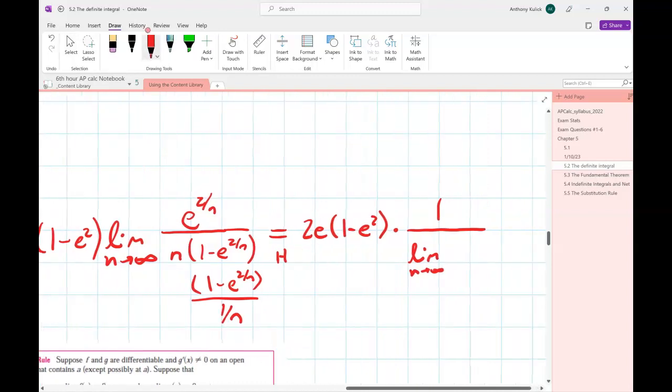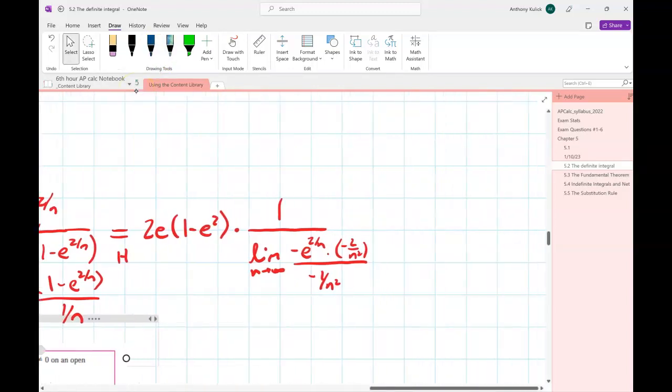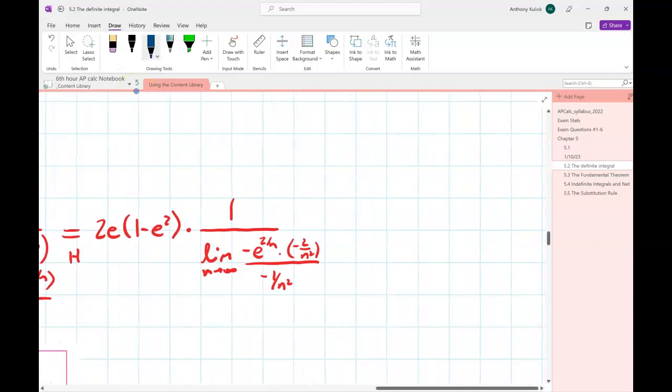So the derivative of 1 minus e to the 2 over n is going to be negative e to the 2 over n times negative 2 over n squared. So that's just a chain rule. And the denominator is going to be negative 1 over n squared. So the n squareds can cancel.